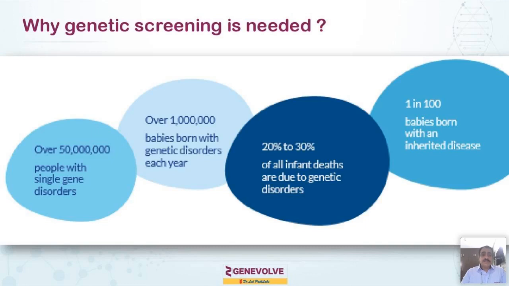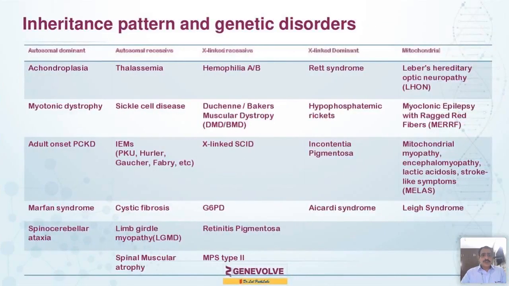management of these diseases. So the inheritance pattern can be autosomal dominant, which is seen in cases like myotonic dystrophy or Marfan syndrome. It could be autosomal recessive, as seen in thalassemias and cystic fibrosis.